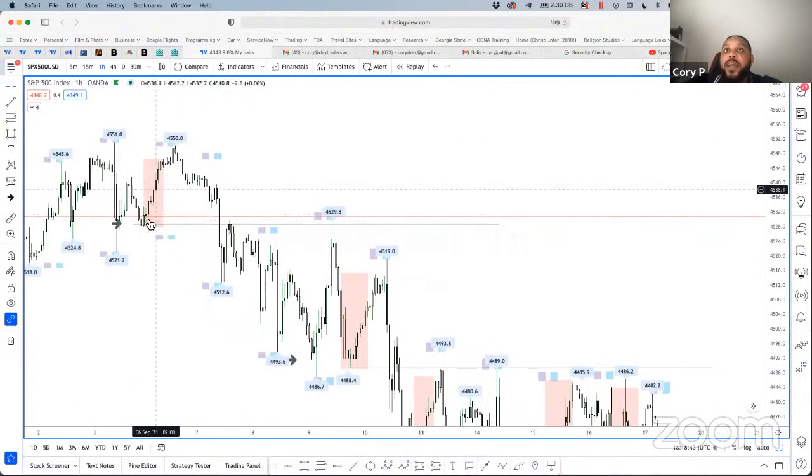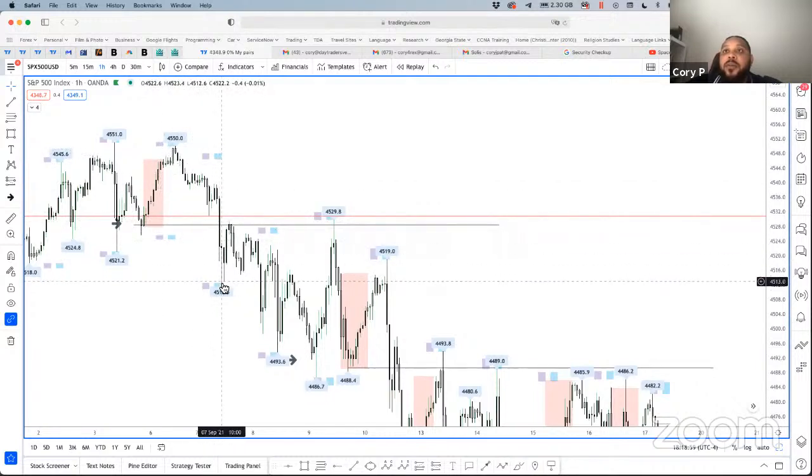Like this move right here, higher time frame order block. This high was made in London, right? So the London kill zone is between this little area right here.